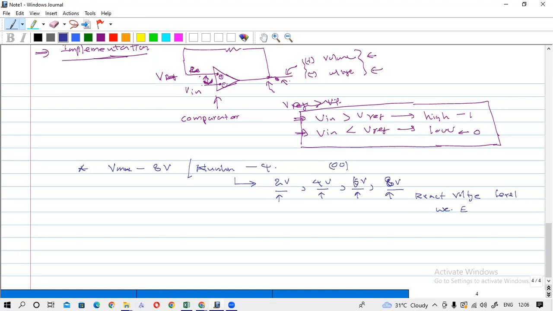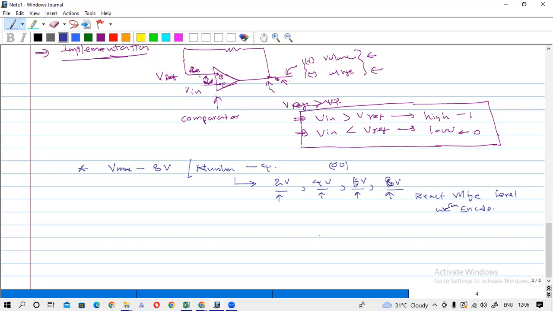If you have any voltage level between these, you have to quantize or approximate it to an exact voltage level. That is why we need quantizing in the ADC process.